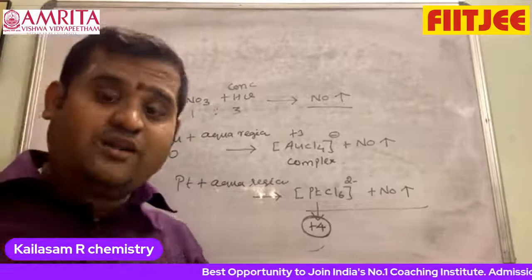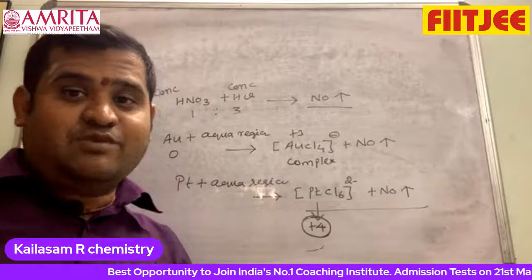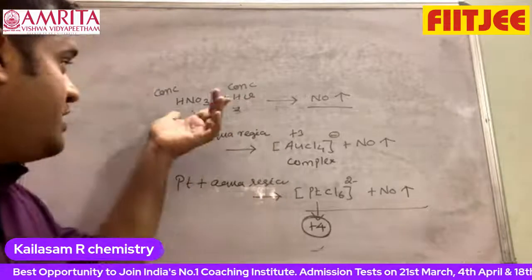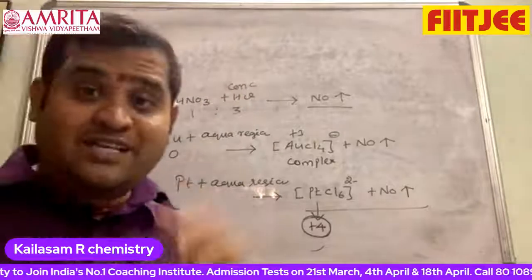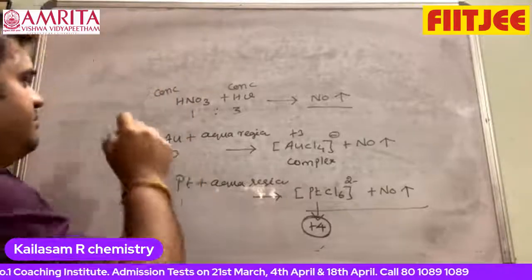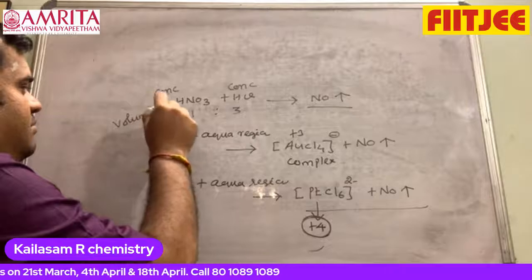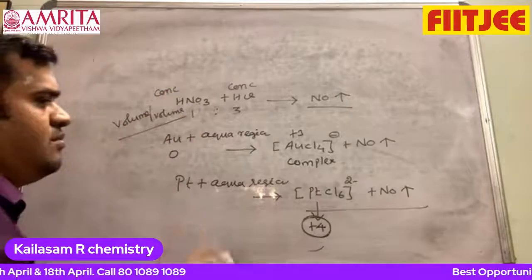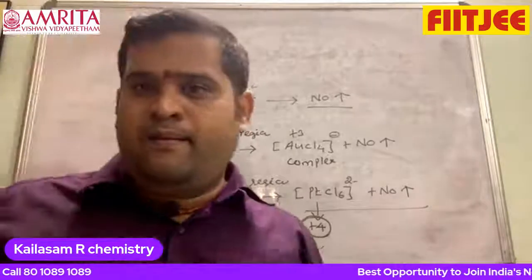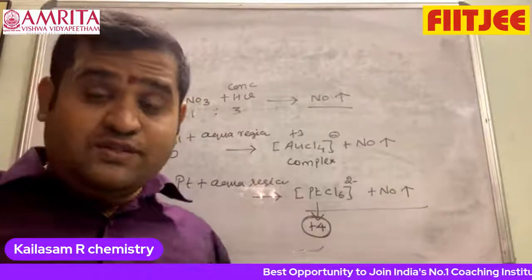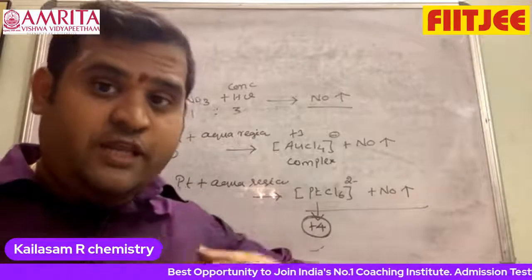So this is the real inorganic chemistry. Aqua regia is a mixture of concentrated HCl and HNO3 by volume. So this is what you want to study about inorganic chemistry.